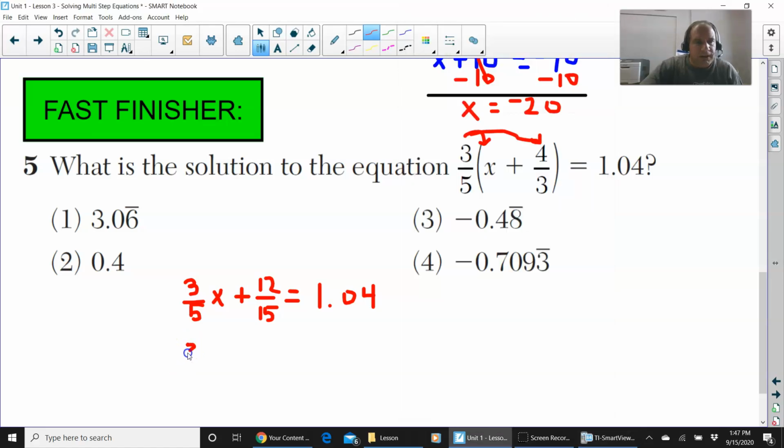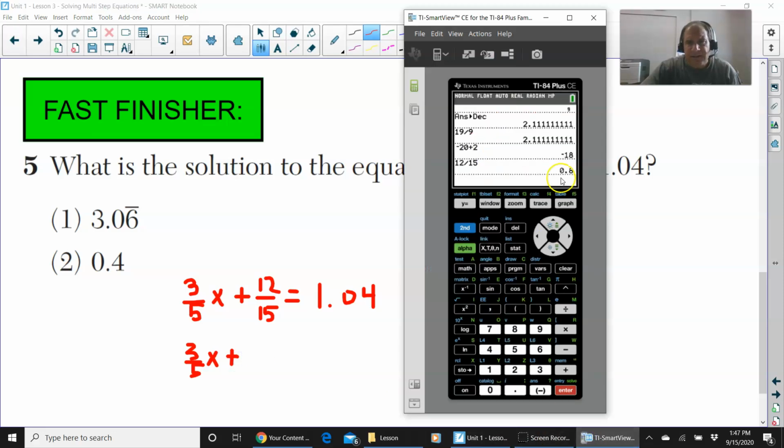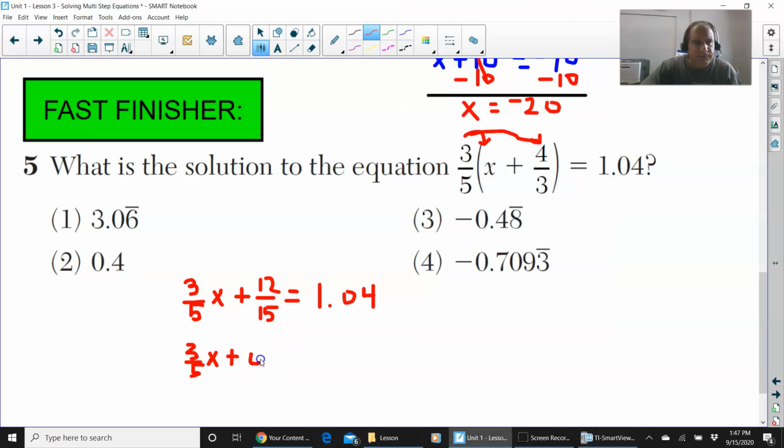So when I'm rewriting this, I'm not going to rewrite 3/5 as a decimal because that's a repeating decimal. But just to remind myself, that's 0.8. So that means I have 0.8 equals 1.04.